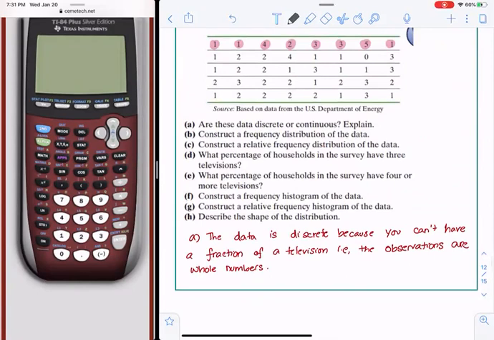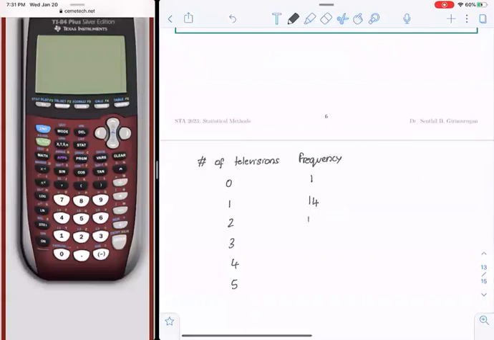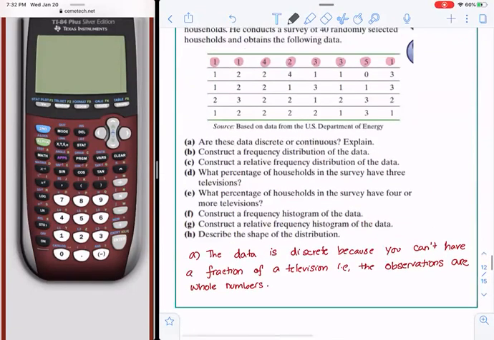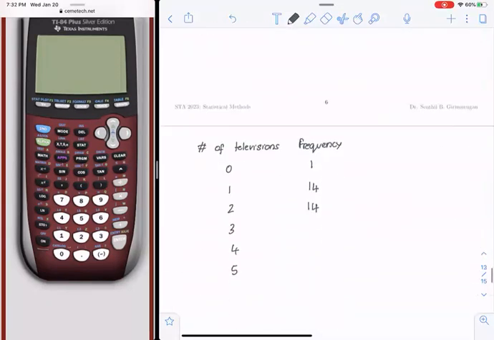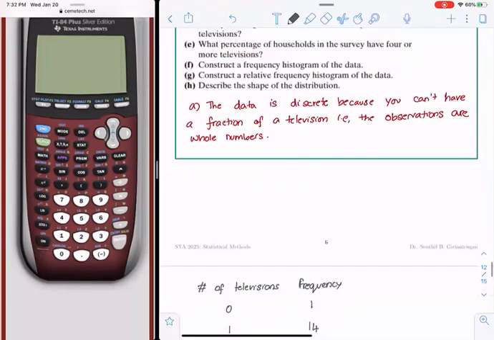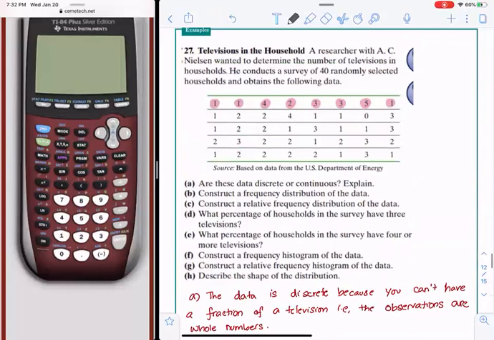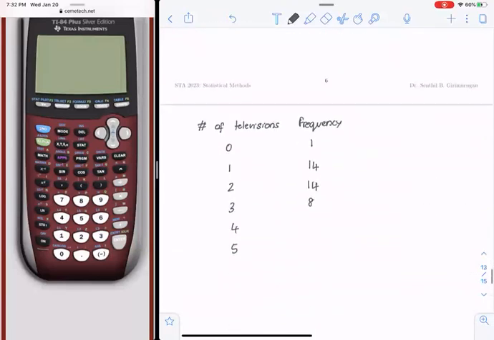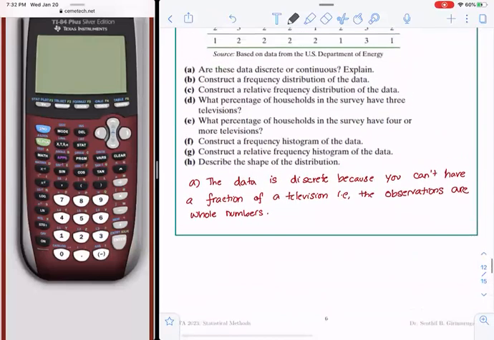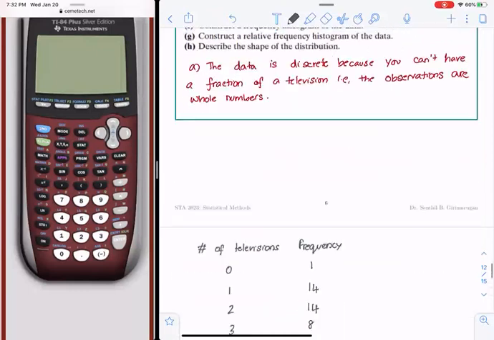Then 14. 3 televisions, 8. 4 televisions, I've got 1, 2, that's it. 5, I only have 1.